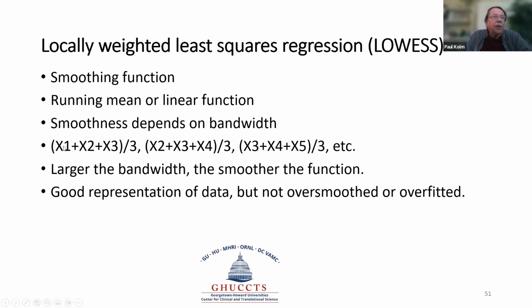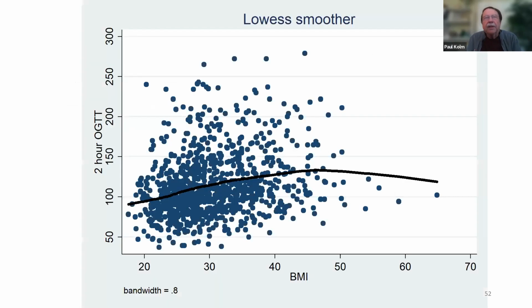So if I do this for, say, 4, where I have x1, x2, x3, x4 divided by 4, and then I'd have x2, 3, 4, and 5 divided by 4, and so on. And so this generally gives a pretty good idea of the relationship between two variables that's not over smoothed or over fitted.